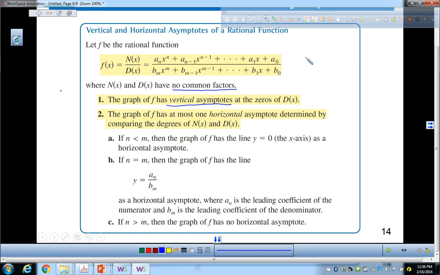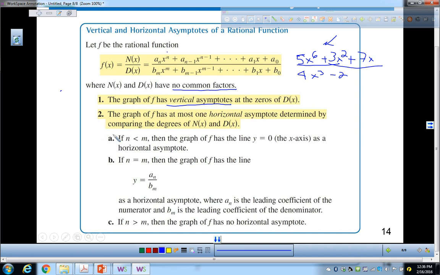So say I started with 5x to the 6th plus 3x squared plus 7x up top, and over here I have 4x cubed minus 2x. What's the degree of this polynomial? 6. And the degree of this is 3, right? So it's based on your highest degree term.